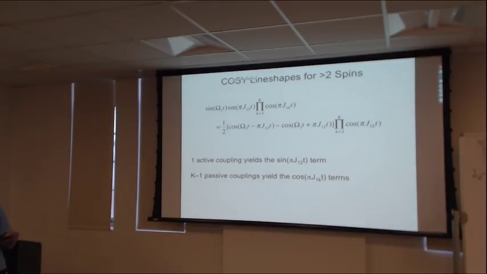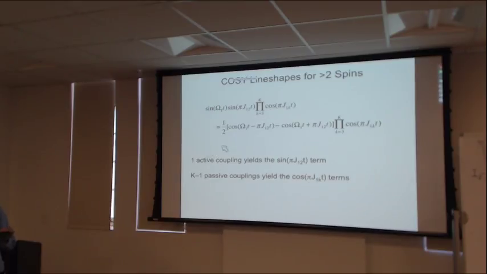We can then ask, for example, glycine, what happens? We're going to end up with more complicated sinusoids, and they're all going to look sort of like this. There's going to be a chemical shift term, one sinusoidal term from the J coupling, sine modulated, and then a bunch of cosines. This is called the active coupling. This is what gave rise to the transfer from spin 1 to spin 2, and all these other ones are called passive spins. They weren't involved in the coherence transfer process.